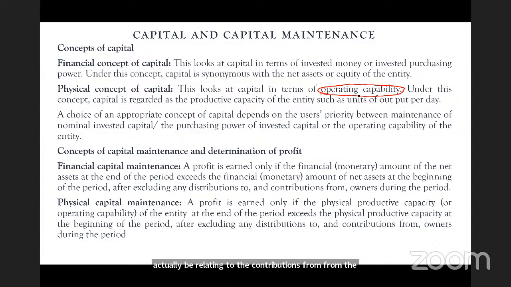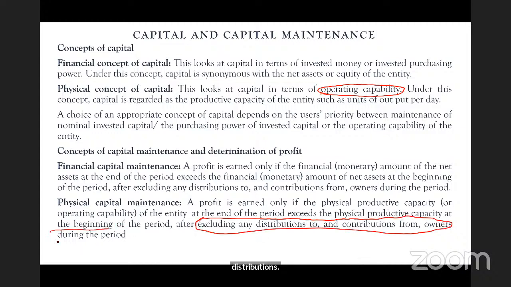Are we together? So that's why when we are looking at physical capital maintenance, we are excluding any distributions or contributions during the period. Is it understood? Guys, is it understood? All right.